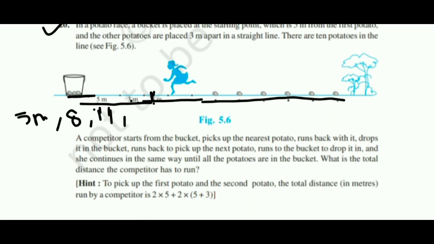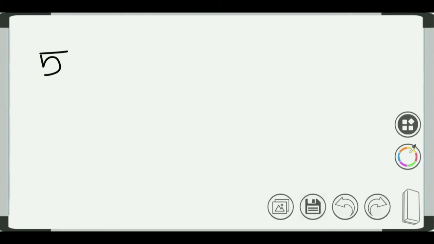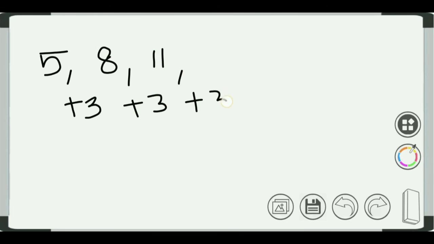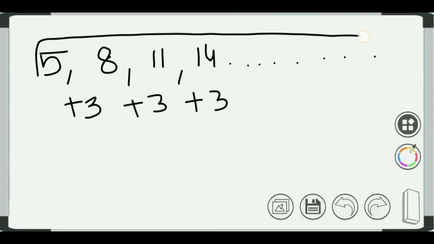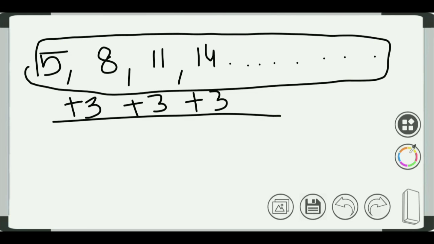Like that it is going on, plus 3. So first potato is at a distance of 5 meters. Second is plus 3, 8 meters. Again plus 3, 11 meters, plus 3, 14 meters. Like that it goes on, right? The distance of potatoes from the bucket. So this forms an AP, with a common difference of 3.